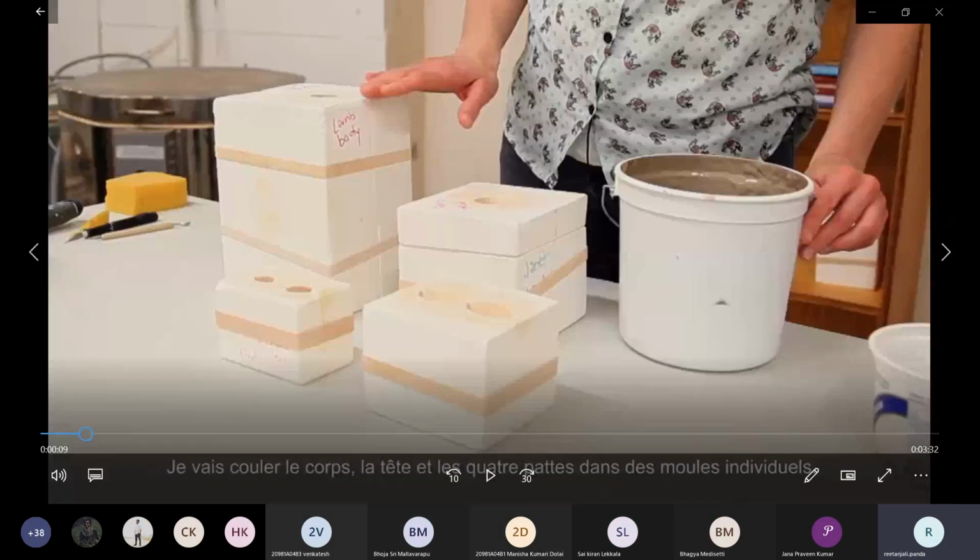See here, this worker has four containers or four mold cavities. He is going to make the artifact using this mud clay, but we can use glass ceramic here as well.